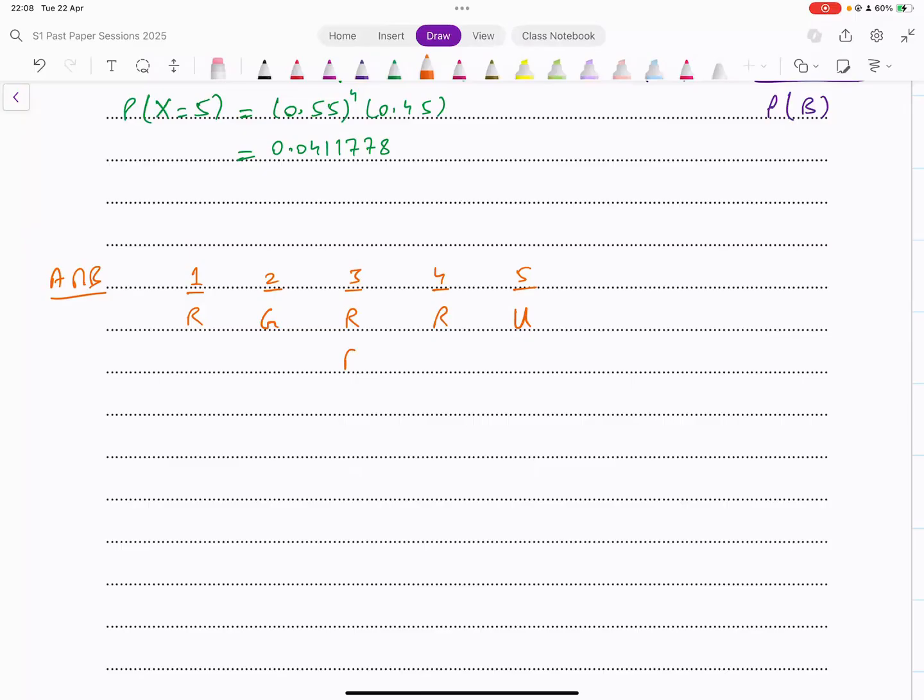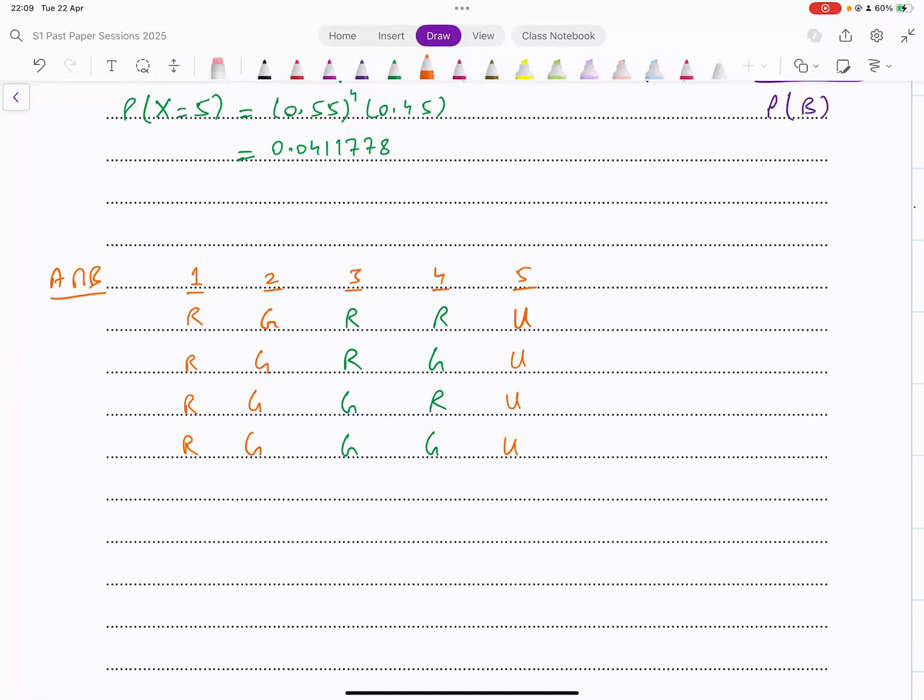Another is that one is red and the other is gold, another is that the first is gold and the other is red, and the fourth possibility is that both are gold. And that's it. These are the only 4 cases that we have for the middle 2 chocolates. The other 3 are fixed, right? These have to be R, G, R, and the last one has to be a U. These are the 4 cases that we're getting.